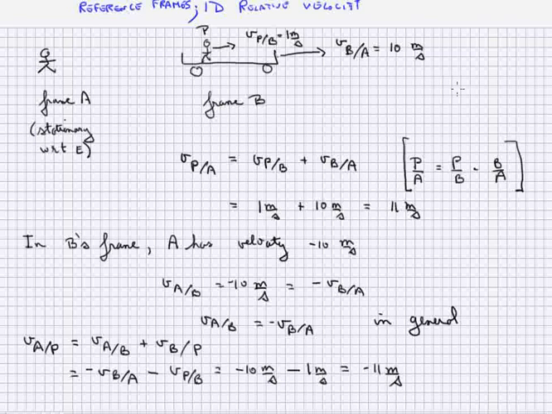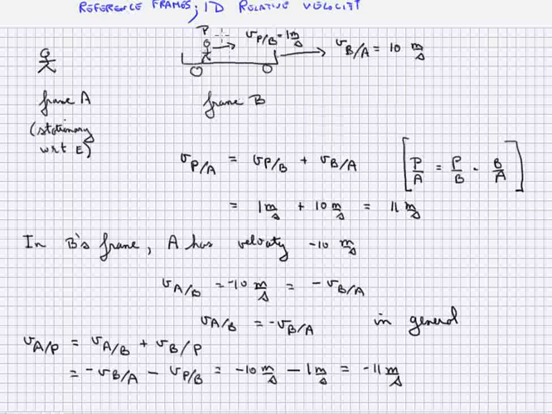This is a lecture on reference frames and 1D relative velocity. So the simple idea here is if I'm standing stationary on the ground, let's say that's me and I'm in frame A, and you are in frame B, which is a train, let's say, that's moving away from me at velocity 10 meters per second.